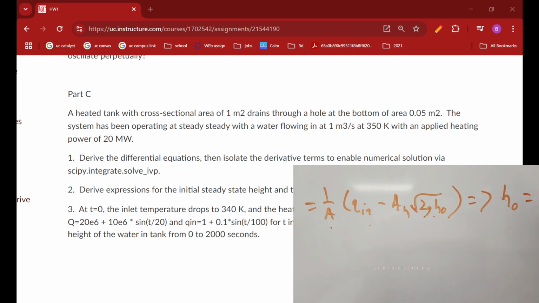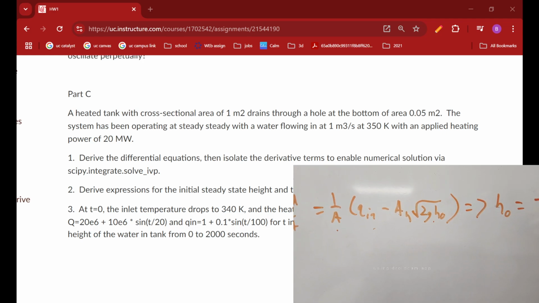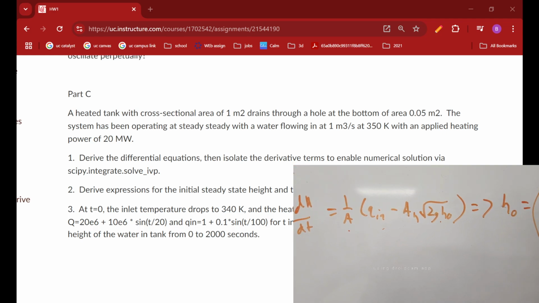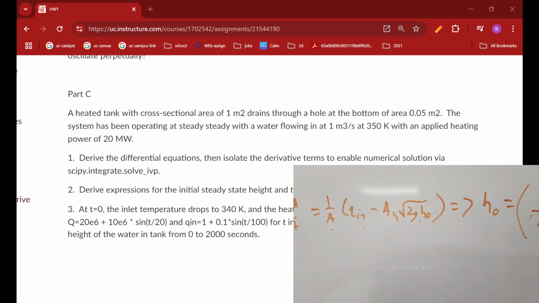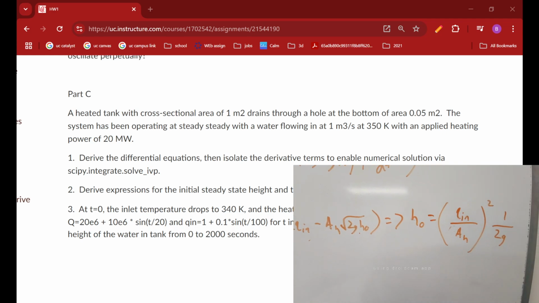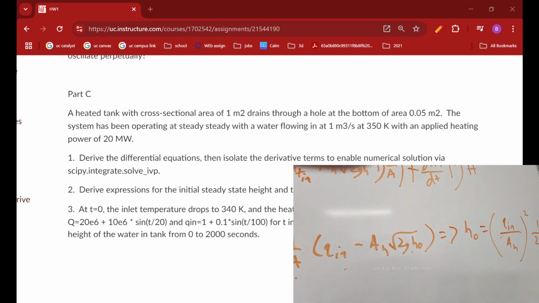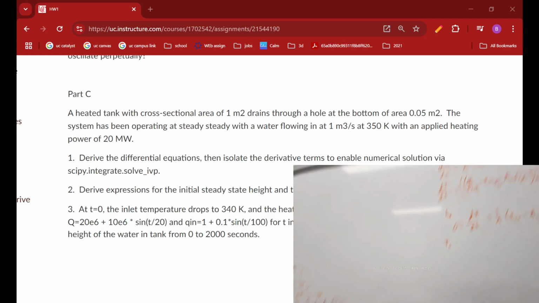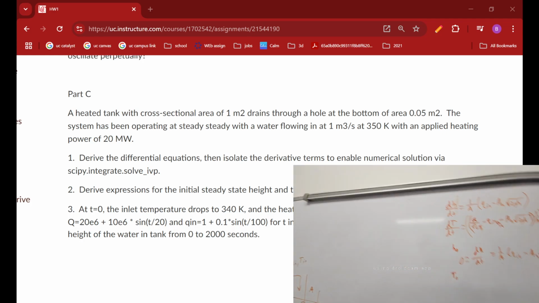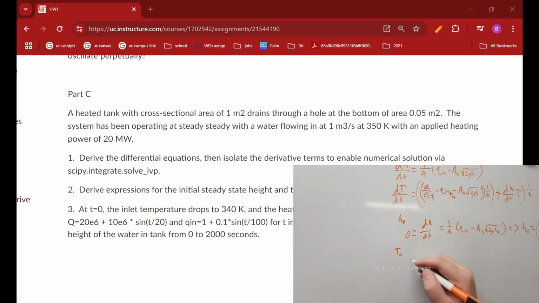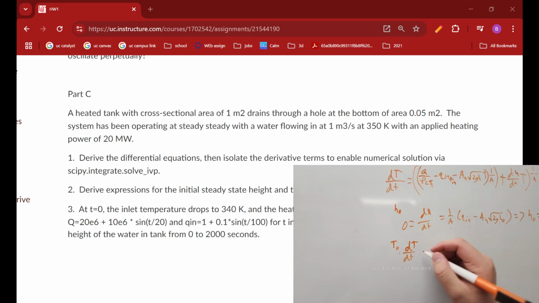So I'd have negative Q_in divided by area of the hole squared times 1/2g. Still good, right? Yep.